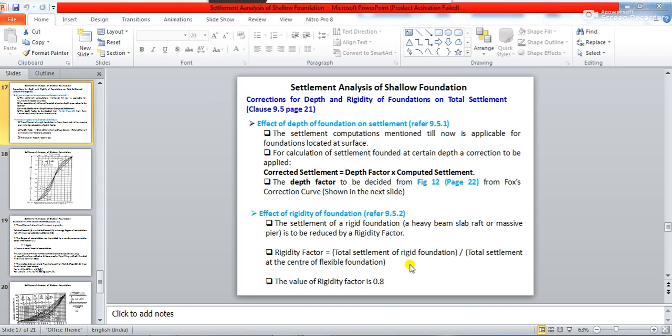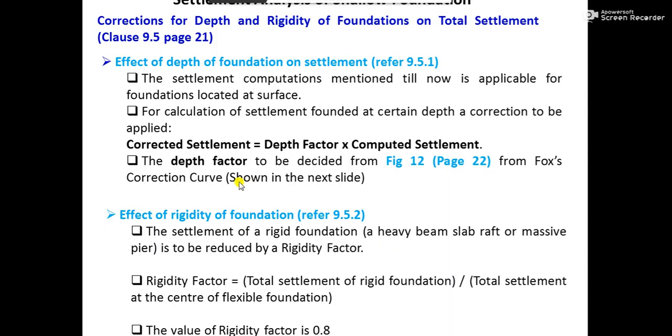So you see, after you apply this depth correction factor, as I was telling, that rigidity of foundation. So rigidity factor is nothing but total settlement of rigid foundation divided by total settlement at the center of flexible foundation. So what is this total settlement at center of the flexible foundation?